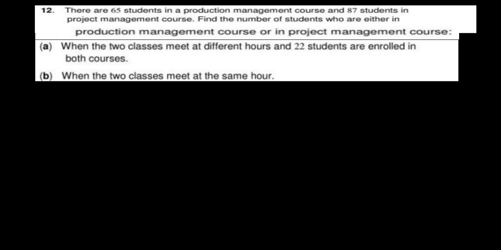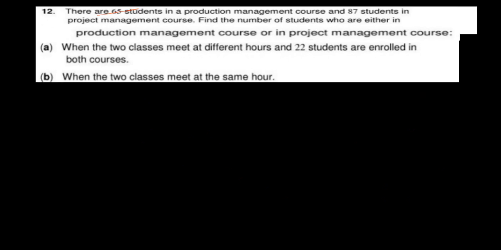So we are saying there are 65 students in production management course and 87 students in project management course. Find the number of students who were in either production management course or in project management course.